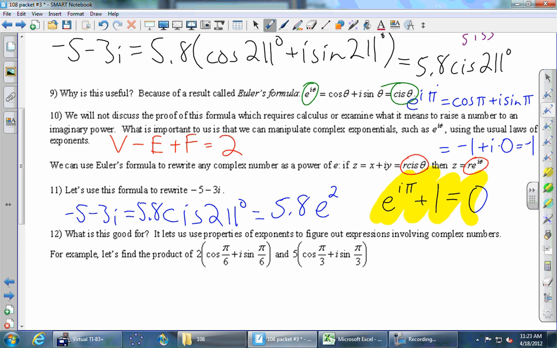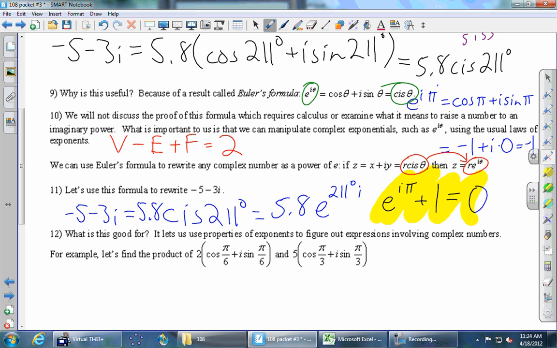Let's go ahead and put the i at the end. So that's using this version of things. If you have r cis theta, that's the same as r e to the i theta. But either way, normally you put the number in front of the i, but it doesn't matter. It's multiplication. We should be in radians the whole time, but we're just going to do degrees.